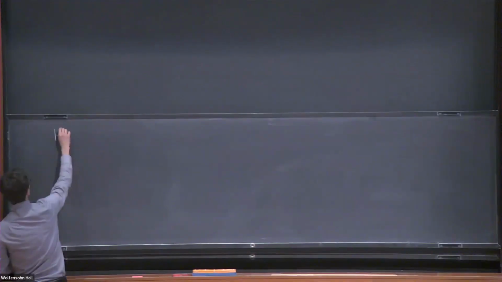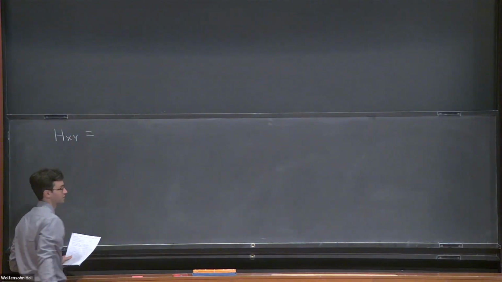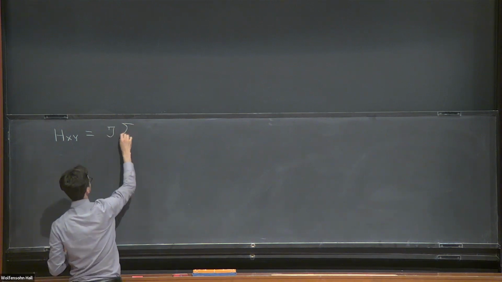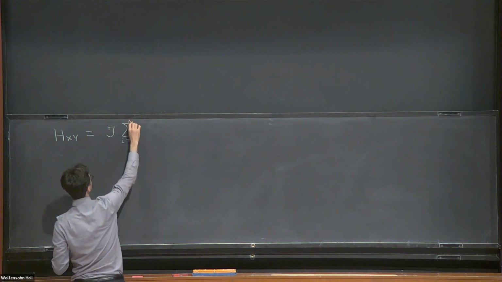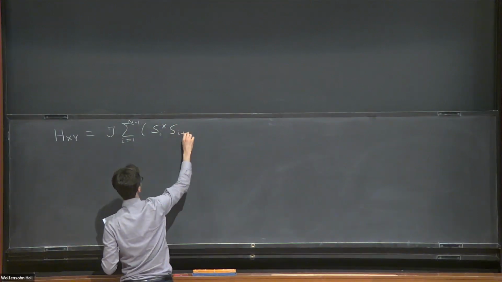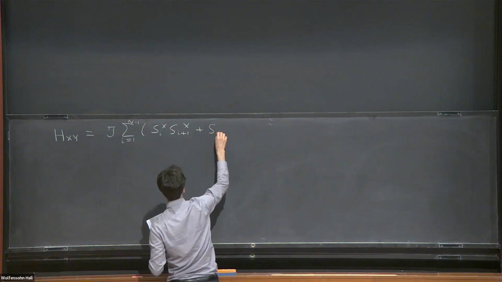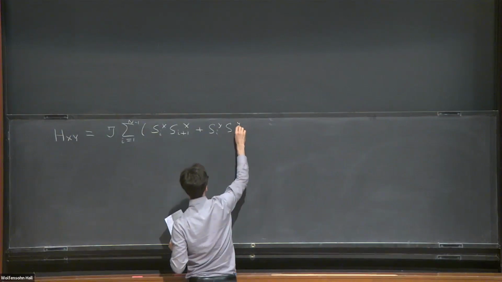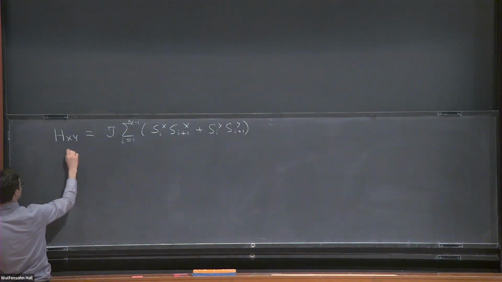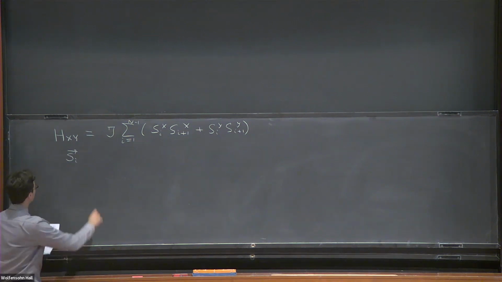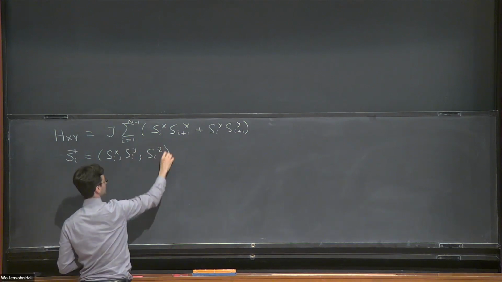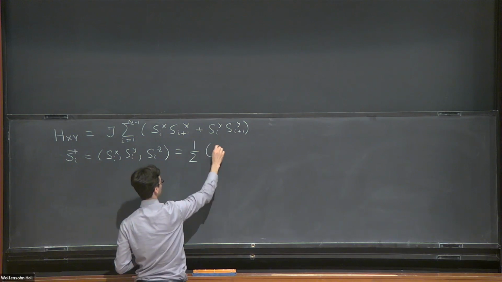Okay, let's start with the XY model. The Hamiltonian for the XY model, it's a spin system. Let's put some coupling J, sum over i from 1 to n-1 of S_i^x S_{i+1}^x plus S_i^y S_{i+1}^y, where S_i, the spin 1/2 operator, is S^x, S^y, S^z, just a vector of 1/2 of Pauli matrices.